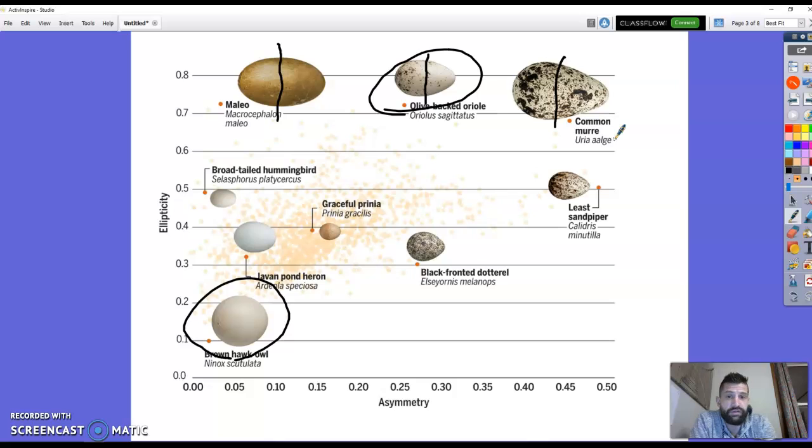There are other scientists who believe that the egg shape is the way it is because of where the nesting of the bird would be. If it is a nest that is going to be on the ground, where it's not going to roll away very much, or there's no danger of it rolling out of the nest and breaking on the ground or falling a long distance, it can be more round.